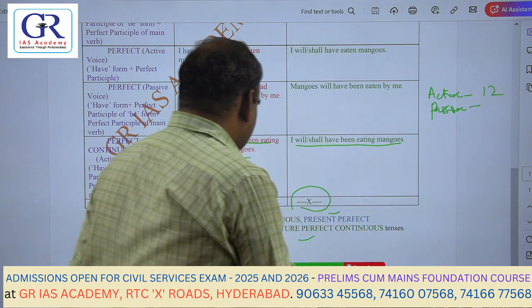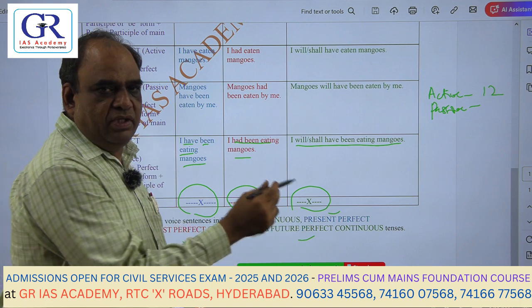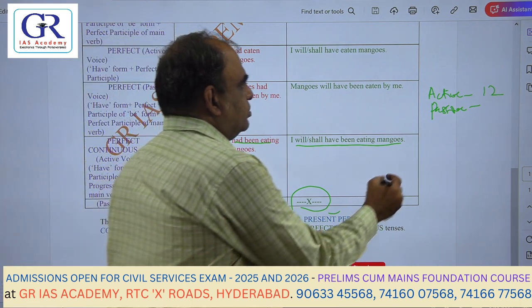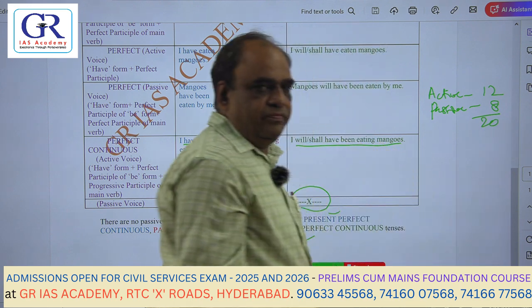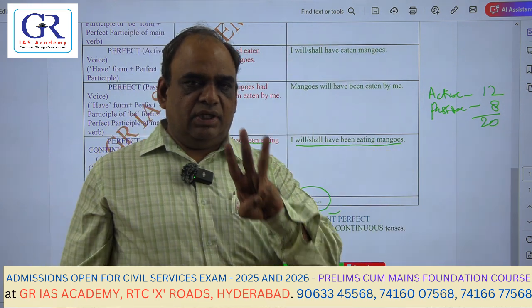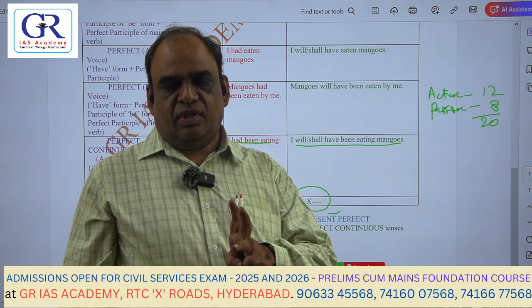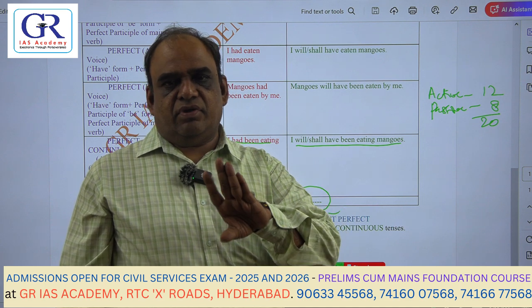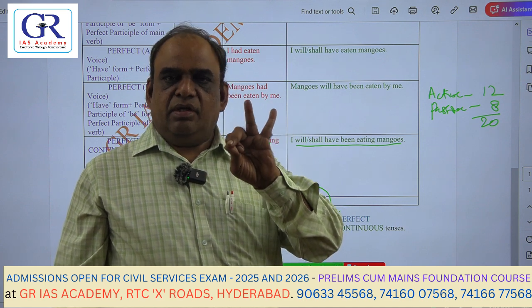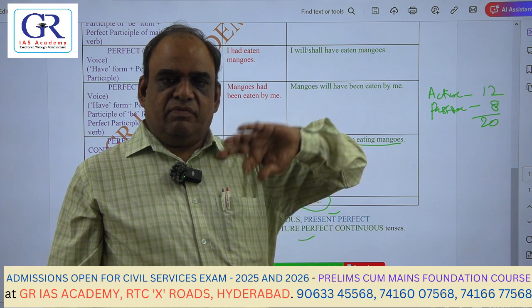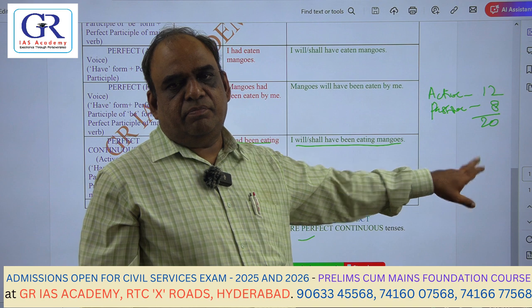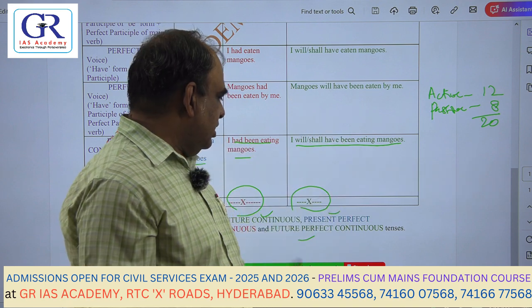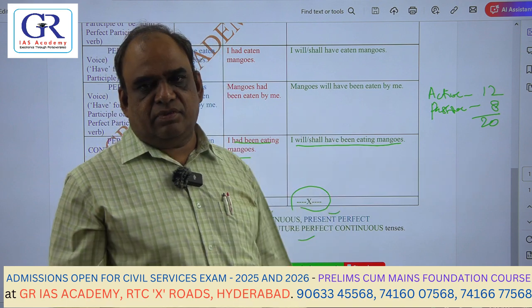Actually they should have been 12, but when you are removing these 4, how many will it become? 8. So totally how many tenses are there? 20. Based on time, 3 tenses, present, past, future. Based on stage, 4 tenses, present, continuous, perfect, perfect continuous. When you combine them, it will become 12 in the active and 8 in the passive. So these are the active voices and passive voices.